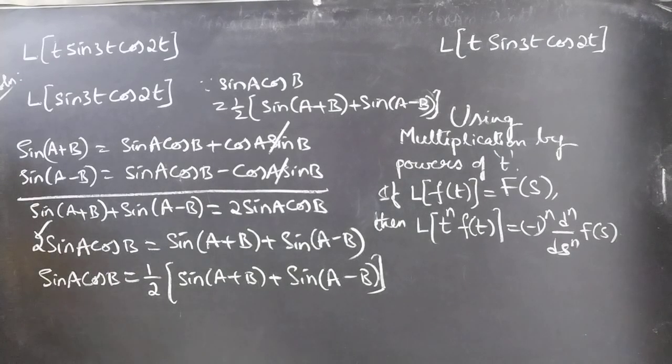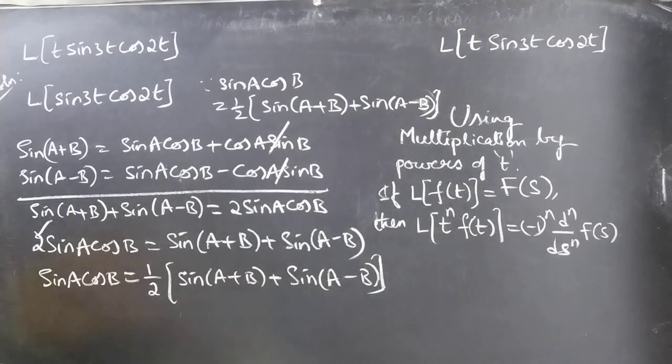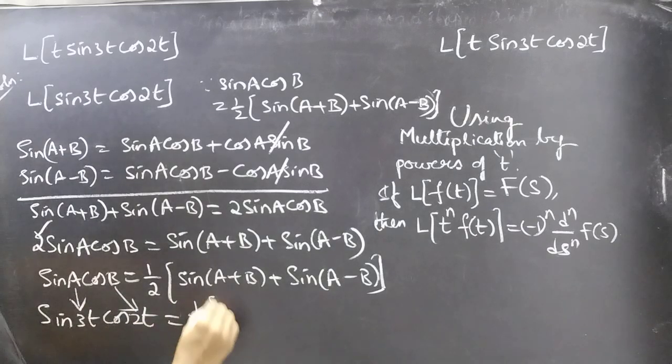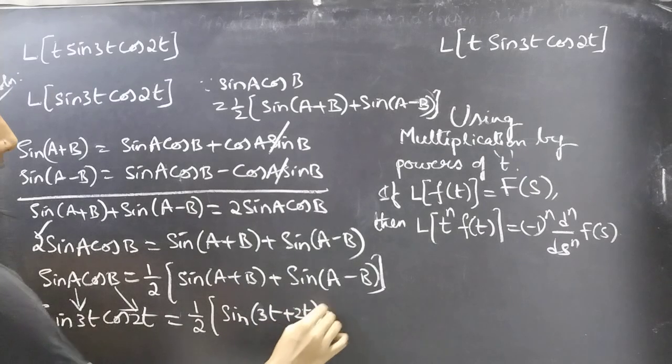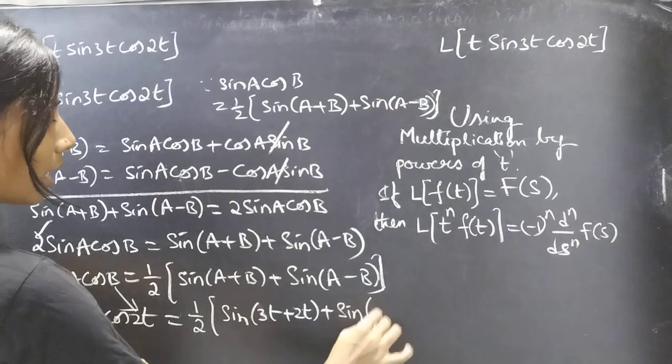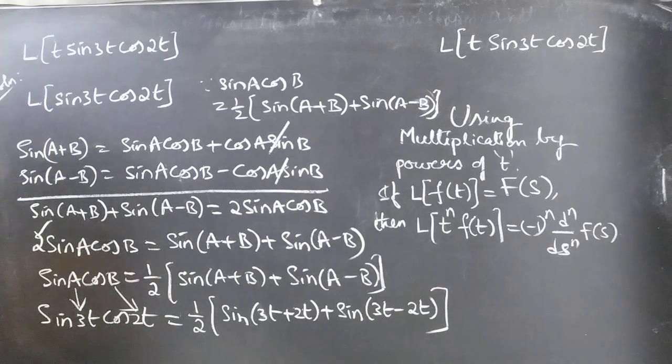When sin a cos b equals 1 by 2 into sin(a plus b) plus sin(a minus b), what will be sin 3t into cos 2t? For a equal to 3t and b equal to 2t, we'll get 1 by 2 into sin(3t plus 2t) plus sin(3t minus 2t).